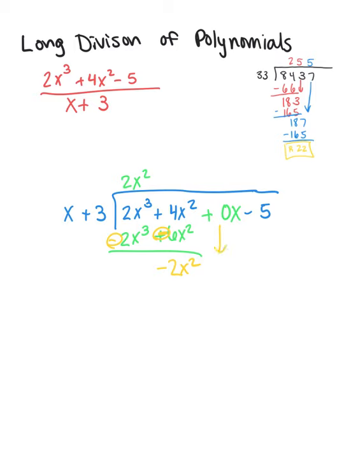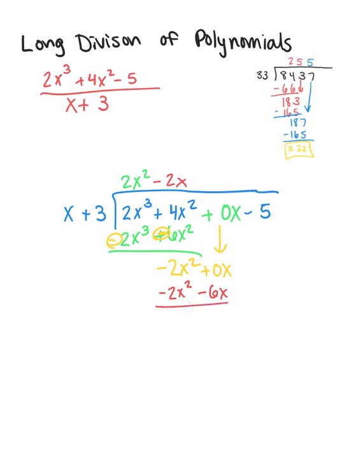Bring down that 0x. That's still part of it, even though it's just a placeholder right now. What do I multiply to x to get negative 2x squared? I'm going to multiply a negative 2x. Negative 2x times x is negative 2x squared. Negative 2x times 3 is negative 6x.